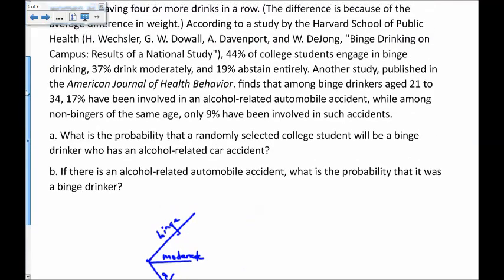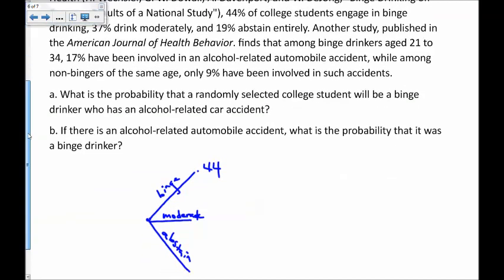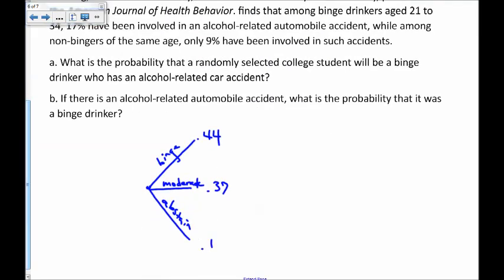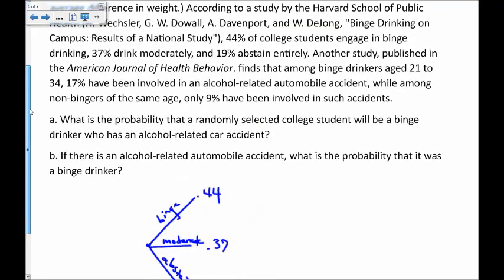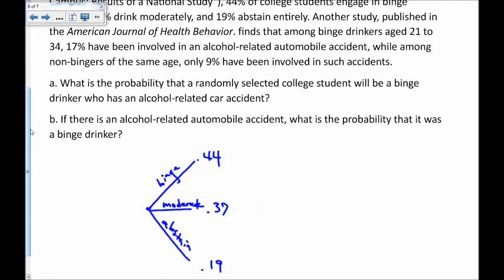Okay, of the binge drinkers, there's 0.44. Of those who drink moderately, 0.37, and those that abstain is 0.19. Now, 17% of the binge drinkers have been involved in an automobile accident. So accident, no accident.